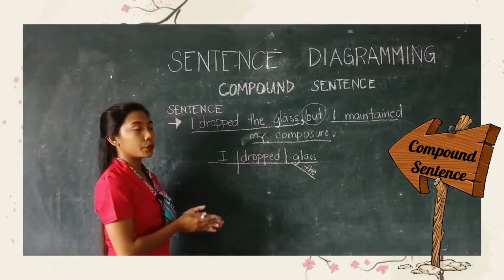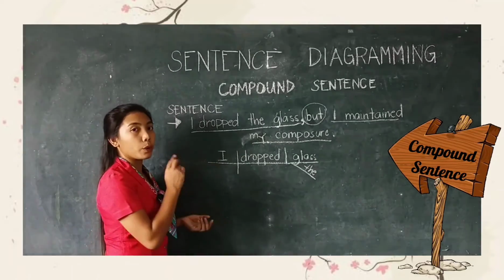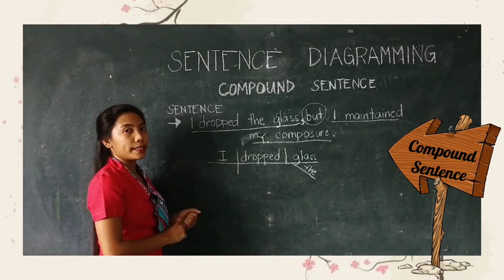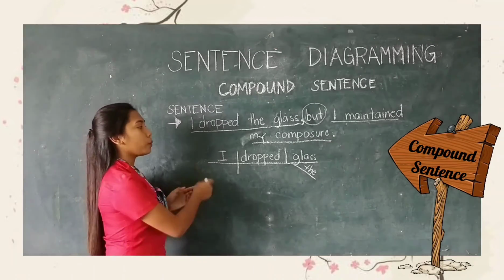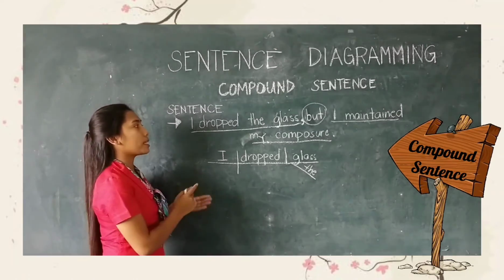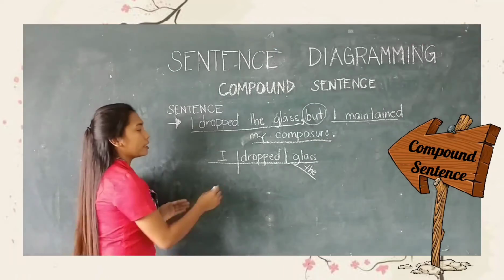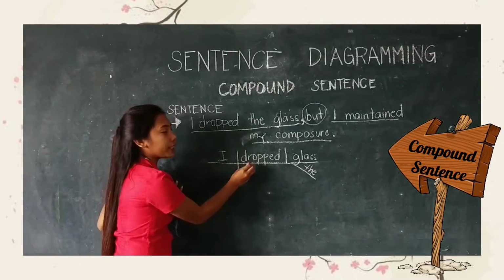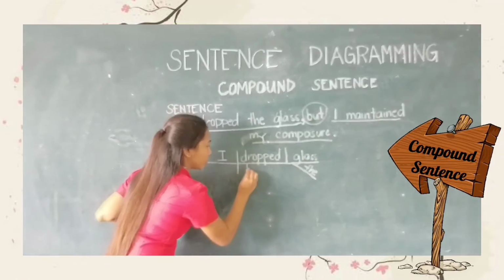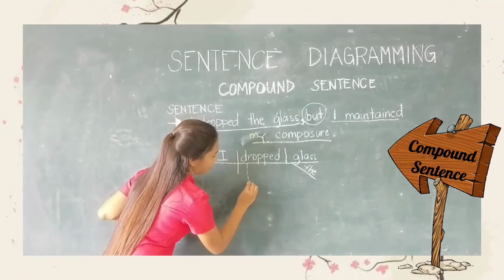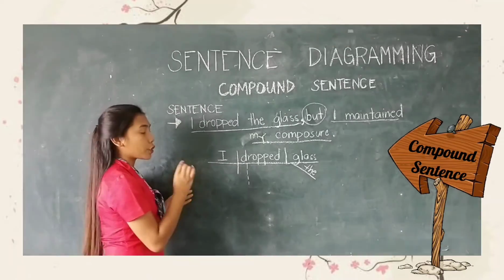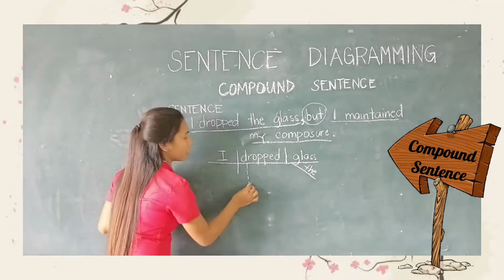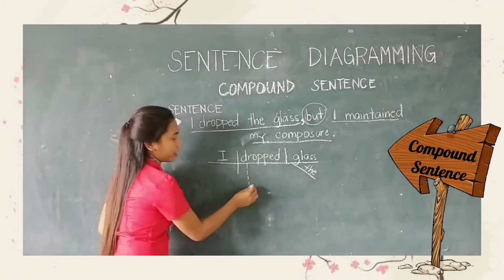So I'm not going to explain every element one by one because we've already talked about it a while ago. So since we're done with the first step, the second step is to draw a dashed vertical line under the verb. So the next is to draw a short horizontal line connected to this dashed vertical line.